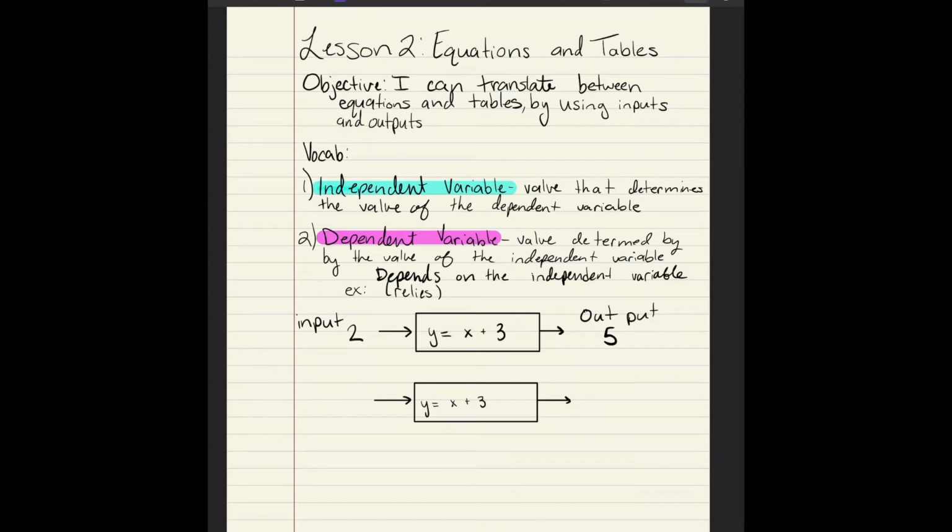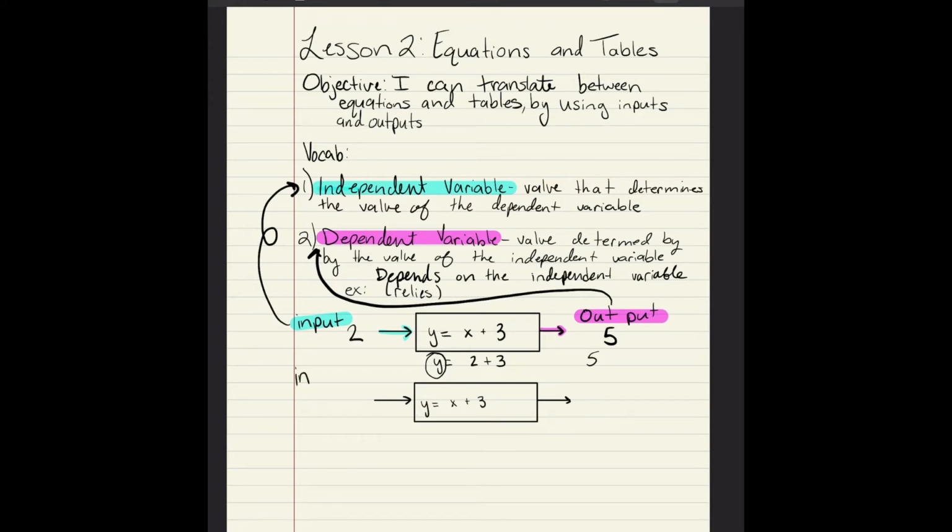So our input is our independent variable, whereas our output is our dependent variable. So we would input 2 here. So if we were to input this, it would be y equals 2 plus 3. And our y is our dependent variable, which would become 5.